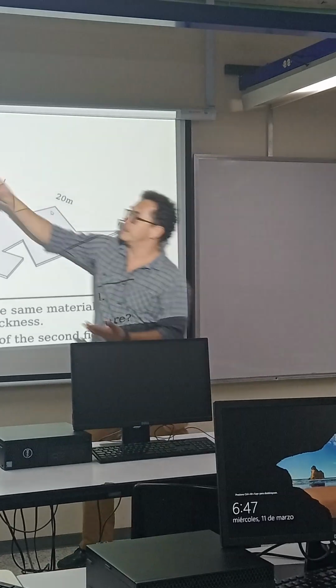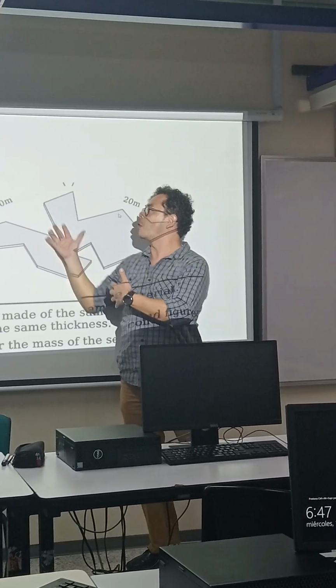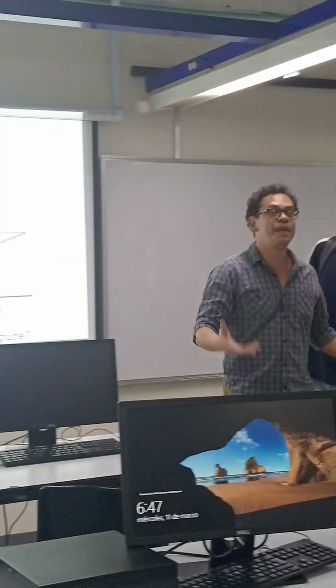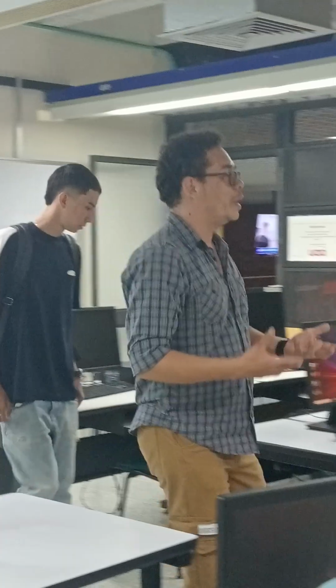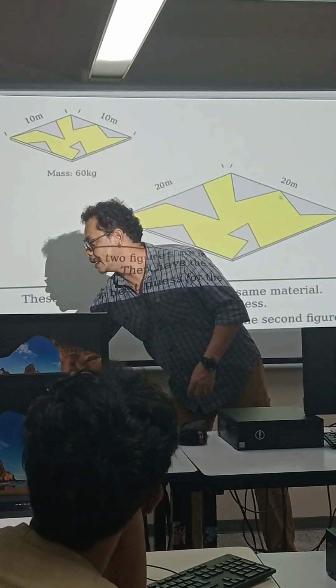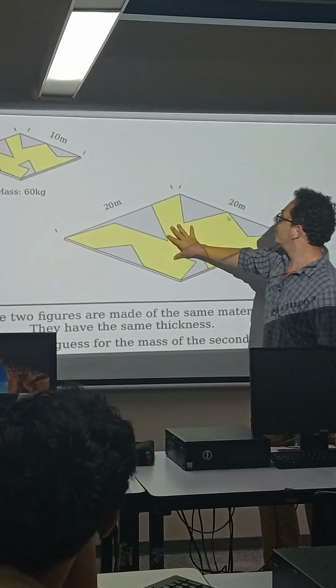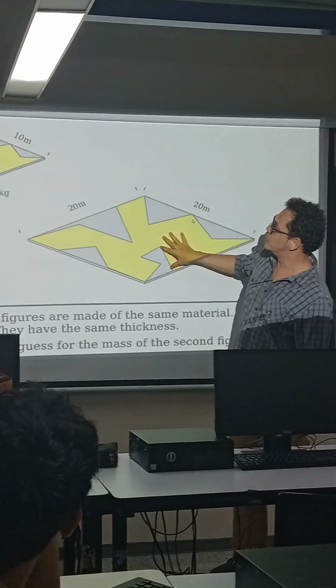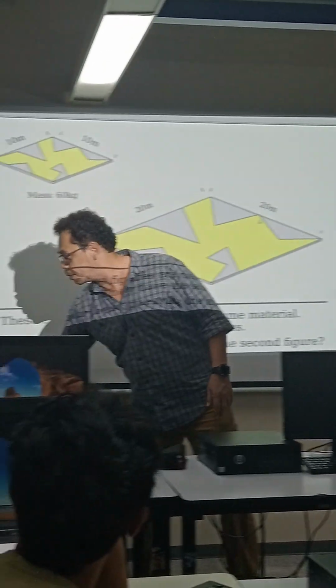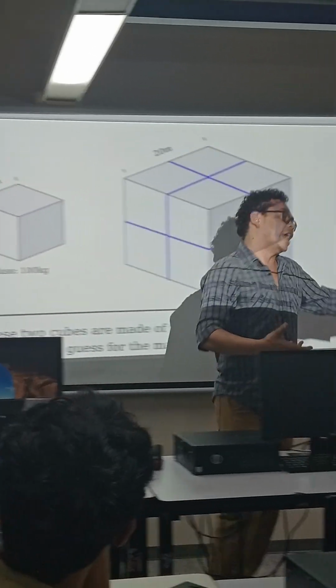Exactly, we can only say that it's 4 times the first figure. This is the same thing that we are doing with big O notation. We estimate using the maximum quantity, the upper bound, and for that reason it is 240.